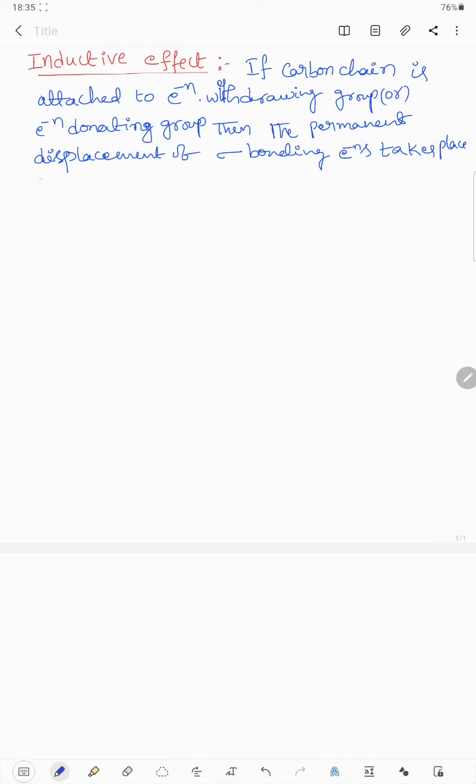Then this effect is called the inductive effect. IE means inductive effect.